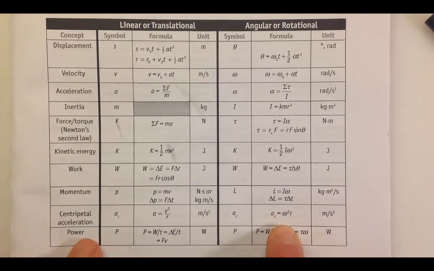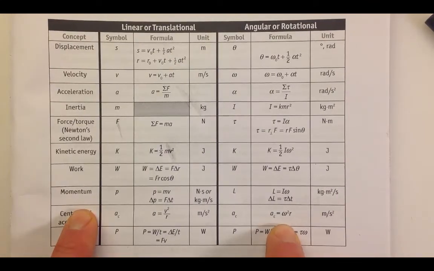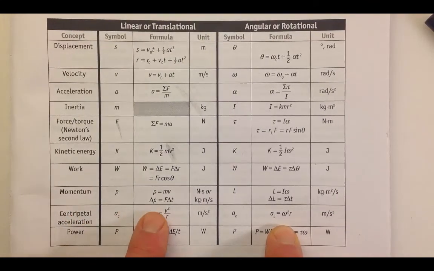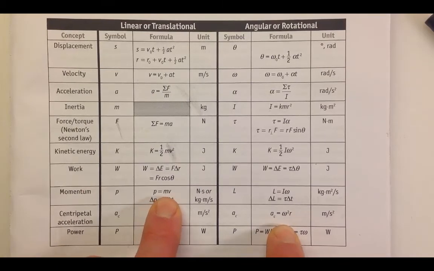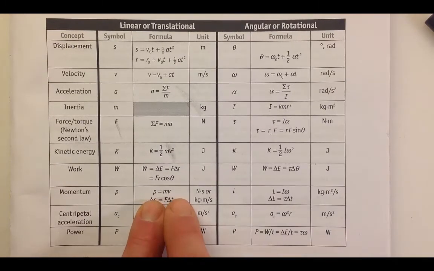Okay, so let's talk angular momentum here. Remember, linear momentum is mass times velocity, and the reason it's important is it is a conserved quantity. That is to say, when there's no forces external to the system acting on it, momentum will be conserved.